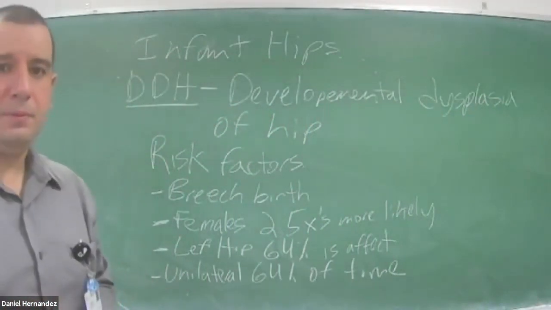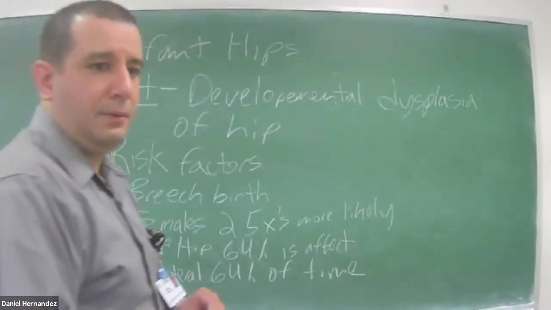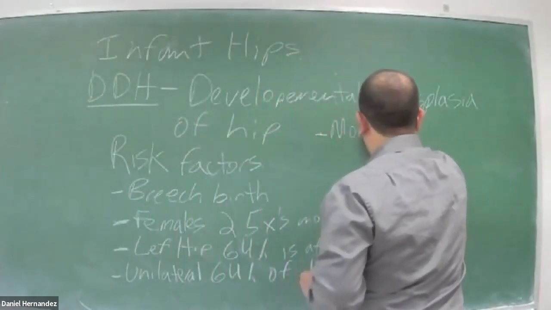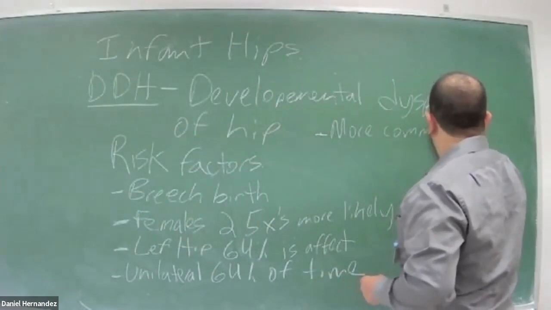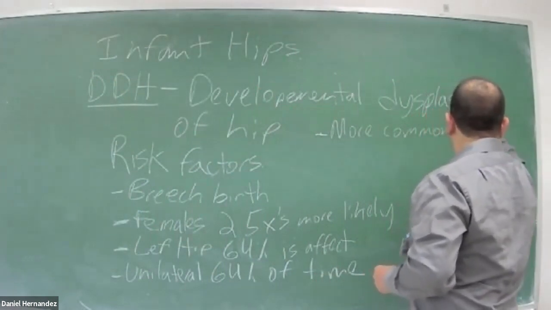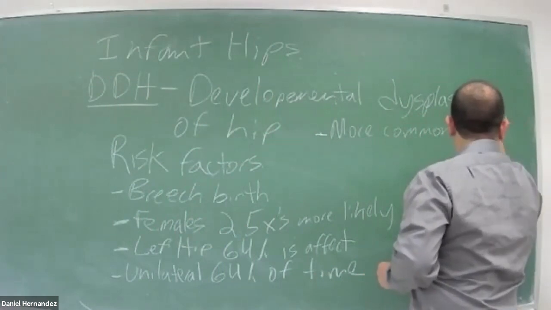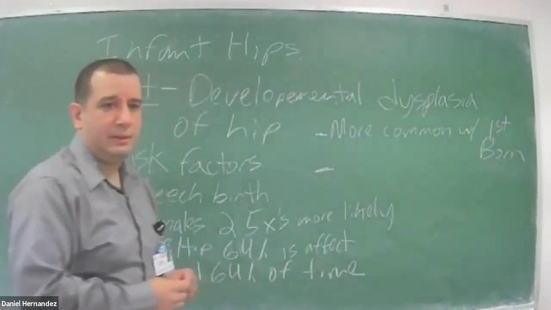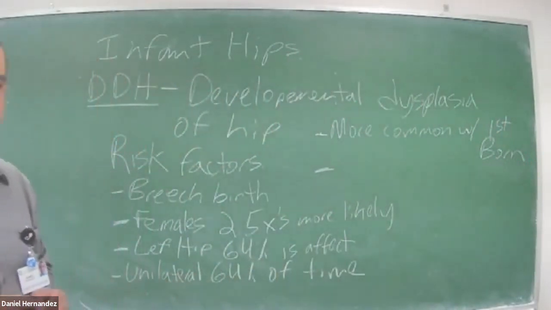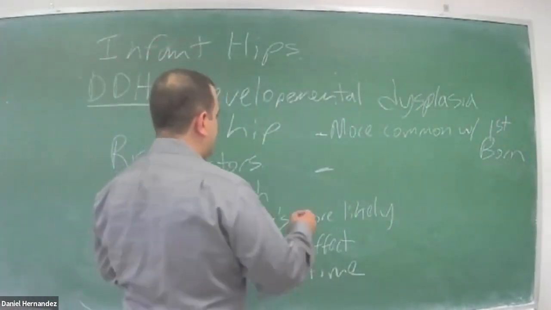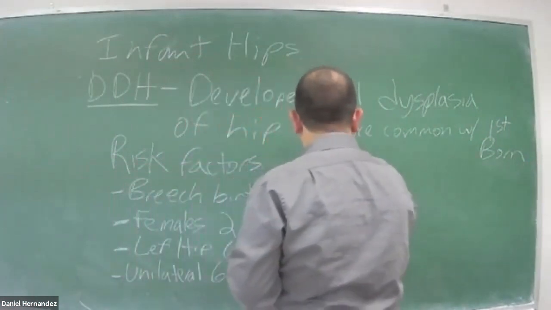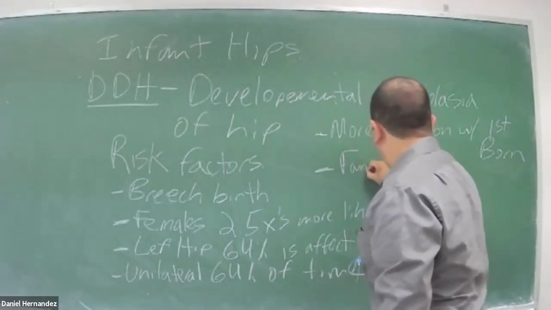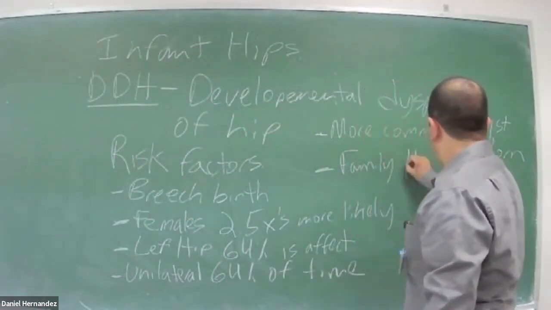It's also more common among firstborn children, as well as more common with a family history of developmental hip dysplasia.